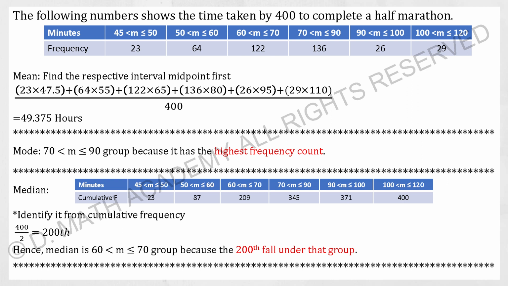Then you multiply each midpoint by its respective group frequency, then divide by the total, which is always given at the start of the question, like how many of them. For this question, it will be 400 and the mean will be 49.375.